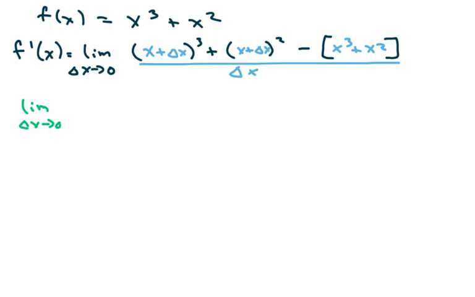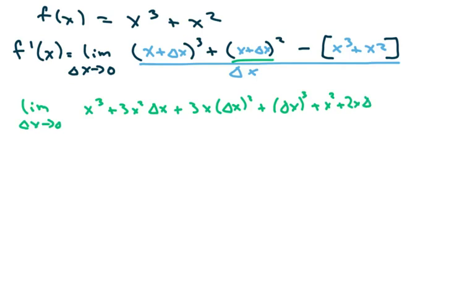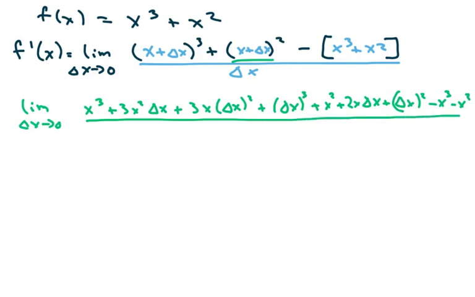And we're going to get x cubed plus 3x squared delta x plus 3x delta x squared plus delta x cubed. And for this one, I get plus x squared plus 2x delta x plus delta x squared minus x cubed minus x squared, all over delta x.